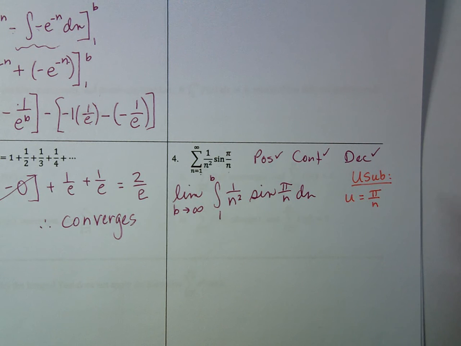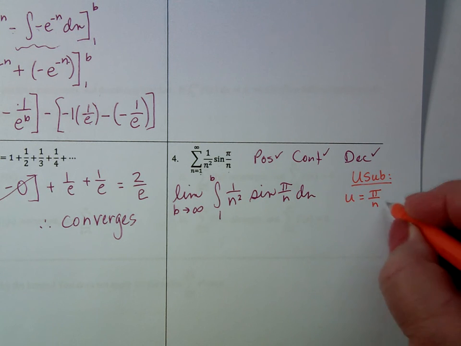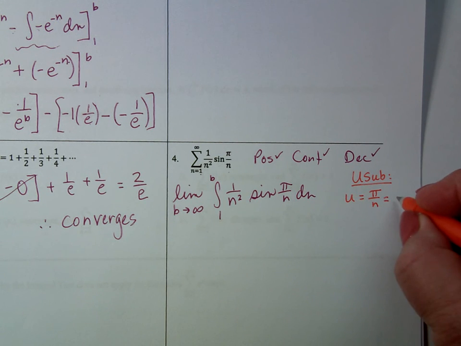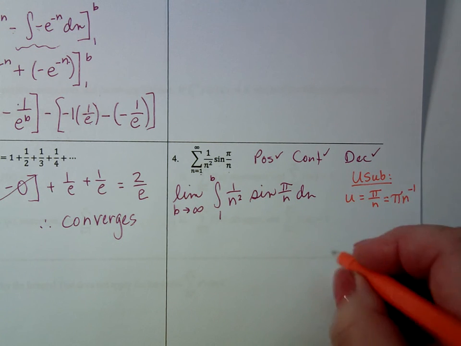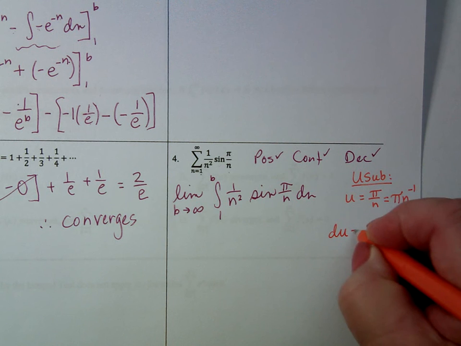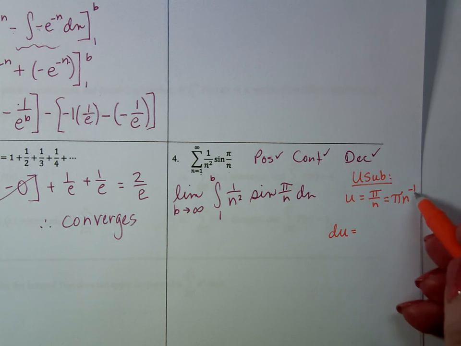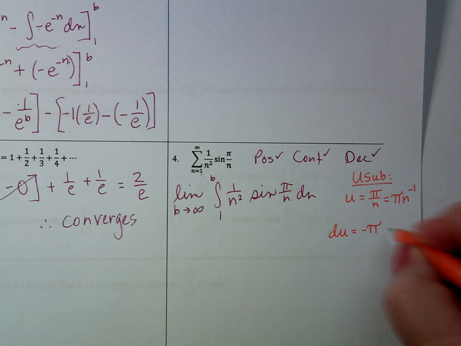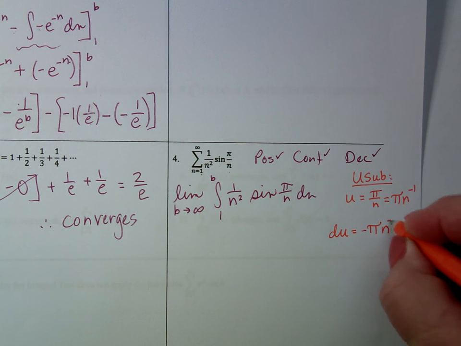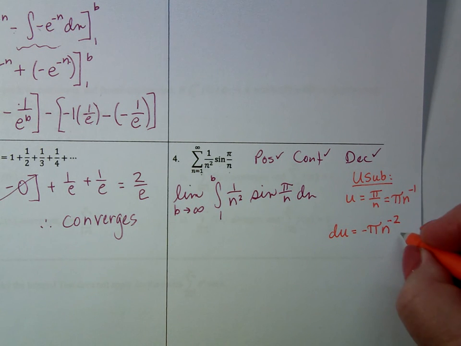If I du that, or I guess I could say pi n to the negative 1, that might make it a little bit easier to du. And if I du that, then it's going to be negative pi n to the negative 2, one less power, dn.